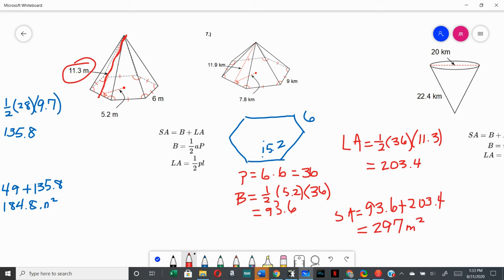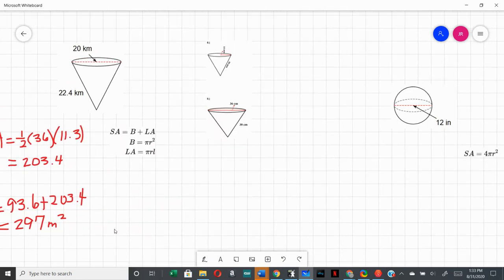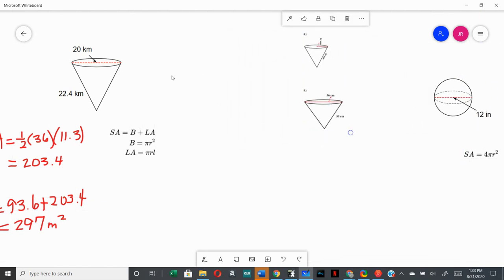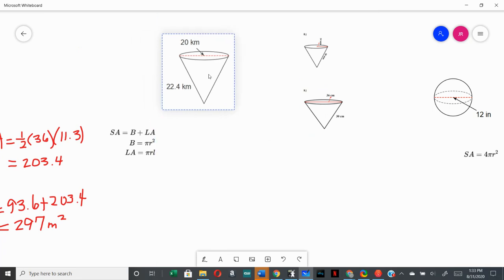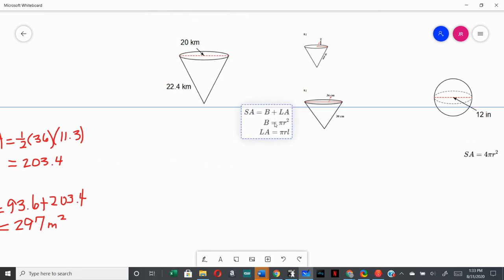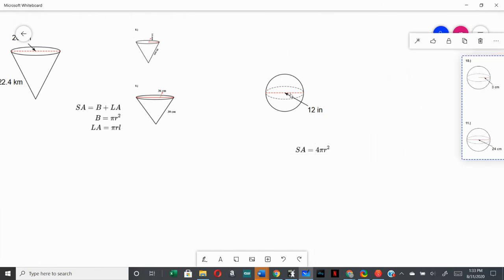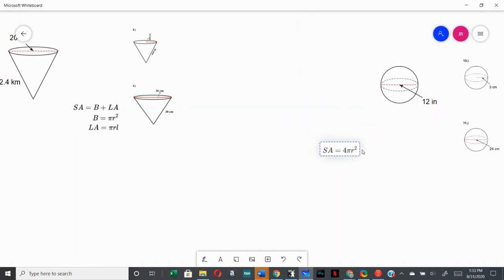We got two more shapes. We got a cone and a sphere. Take a look at the cones. Shift the spheres over a little bit. Give myself some room.